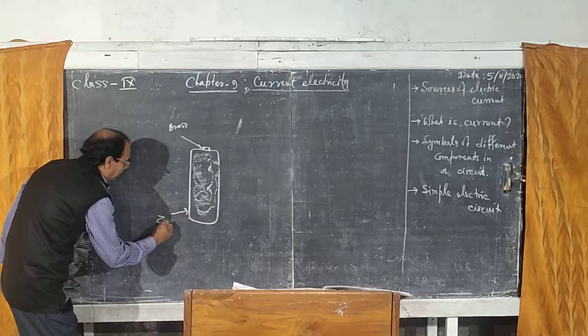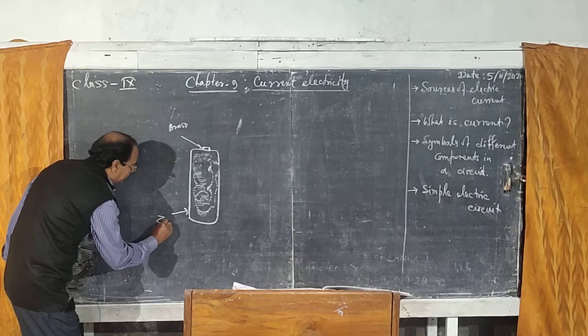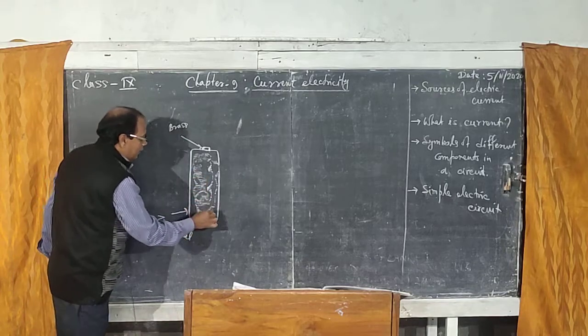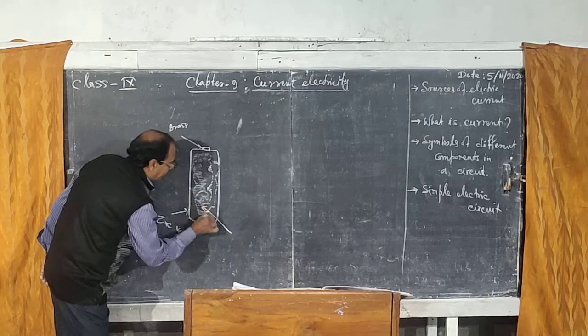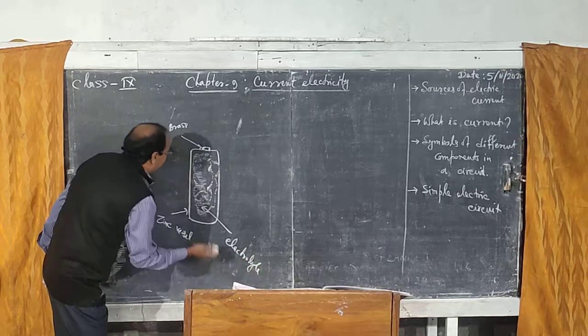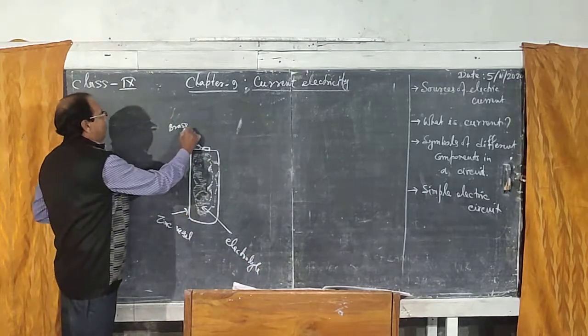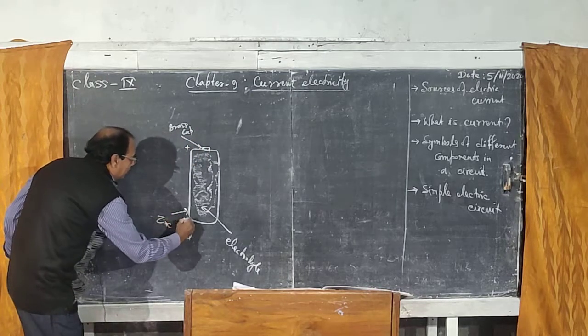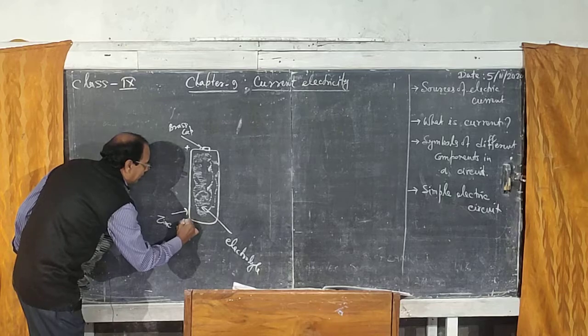So in this zinc vessel we keep electrolyte. Here the brass cap behaves like the positive terminal and the zinc vessel behaves like the negative terminal.